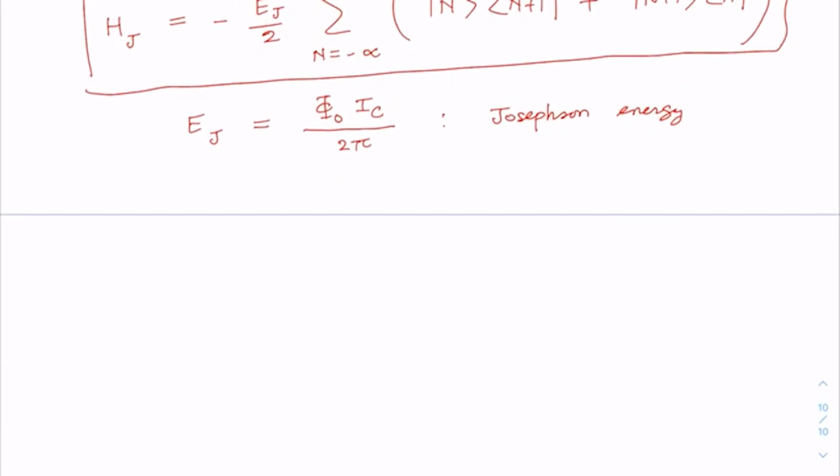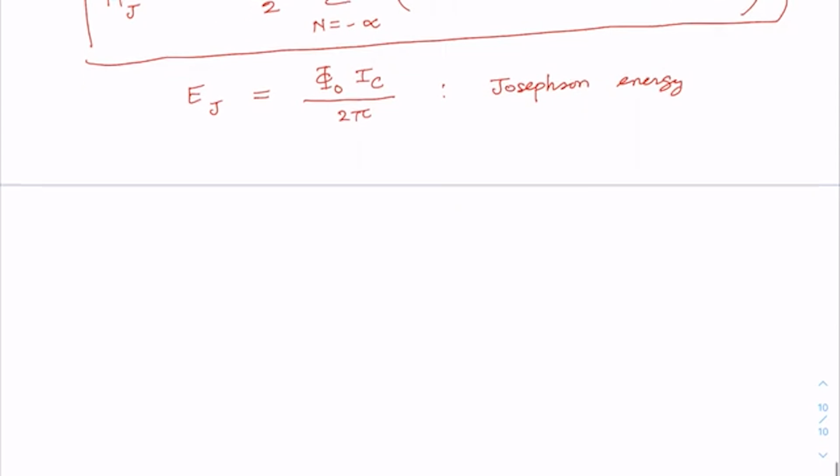So if we introduce a new basis state, where phi is the phase difference here, we are constructing a basis in terms of the number state, |phi> = sum over n of e^{i n phi} |n>.